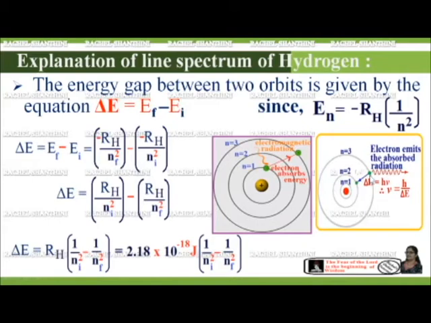For example, let us consider an electron present in the third energy level, n equal to 3, in different hydrogen atoms. In some atoms, the electron may come to the ground state level by direct jump, while in some other cases, the electron may first jump to the second energy level and then to the first energy level.